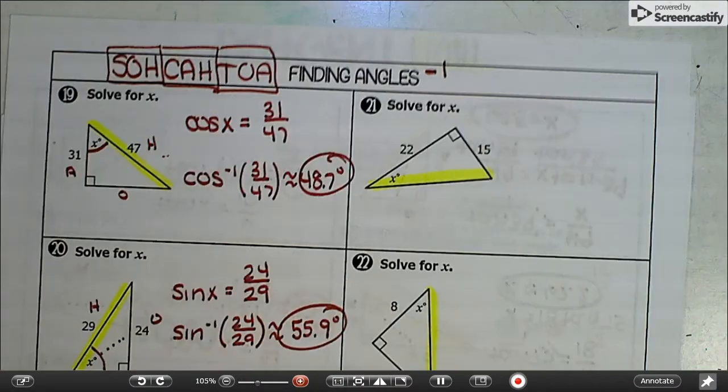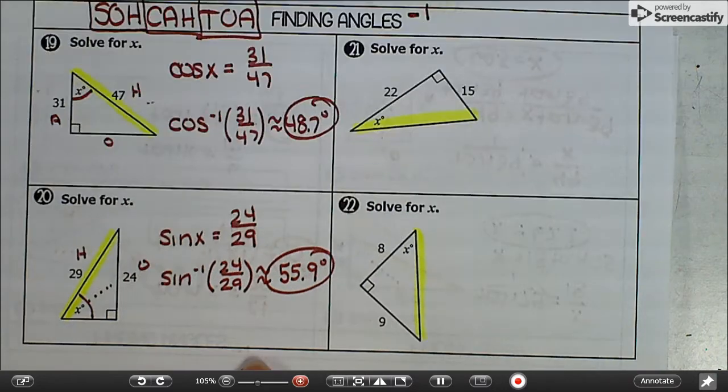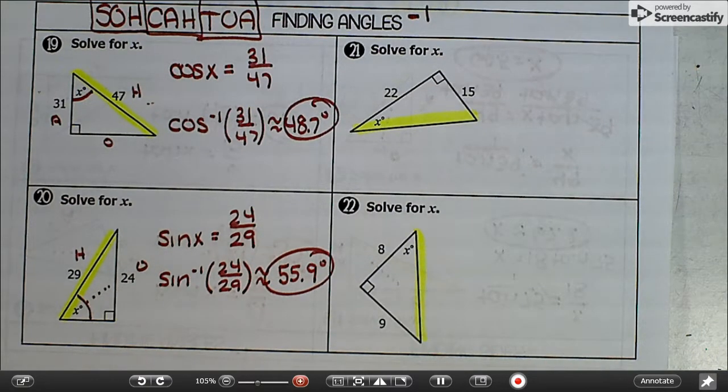All right, pause and do number 21 and 22, and then come back and check with mine. I'm not going to talk through these, but I will kind of model with my hand how I'm figuring them out. So pause and then come back and check 21 and 22.